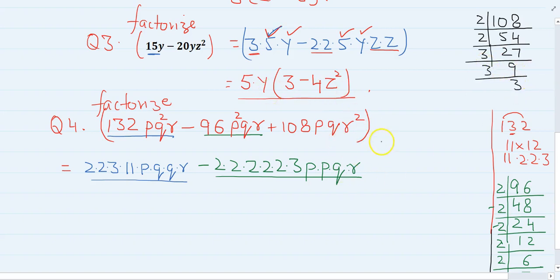So the factors of 108 are 2 multiplied by 2 multiplied by 3 multiplied by 3 multiplied by 3, then pqr², p, q, r and r. So these are the factors of each term. Now let's see what is common.